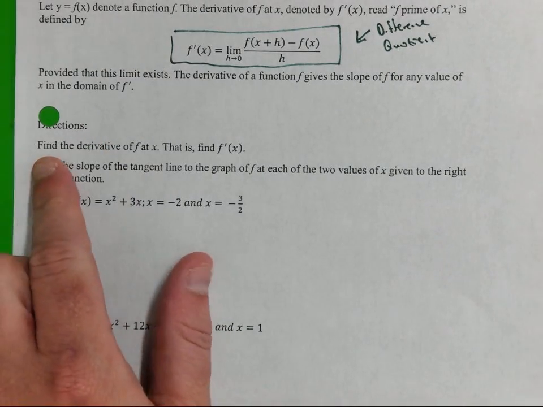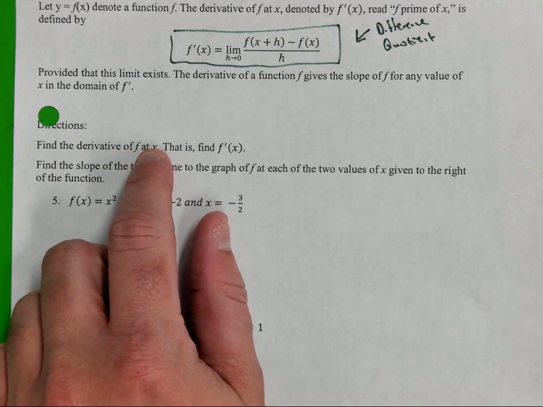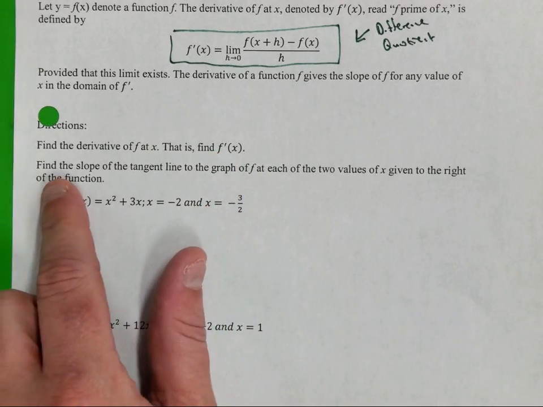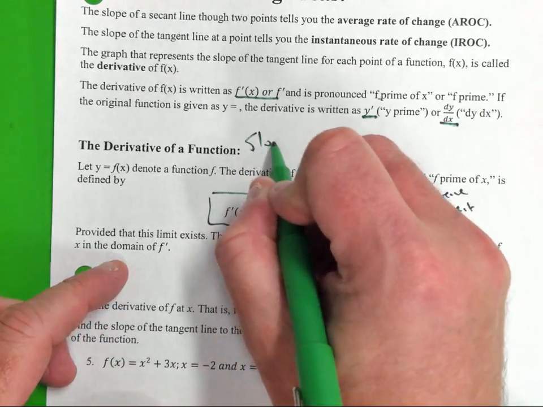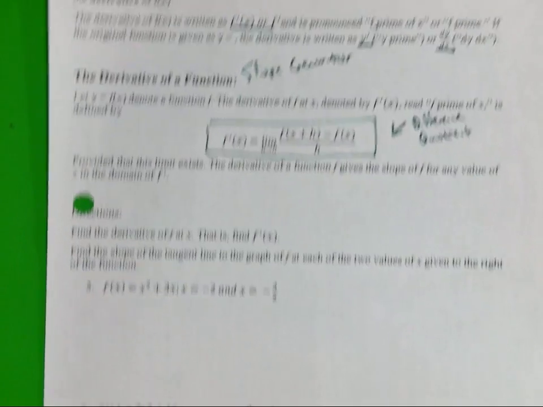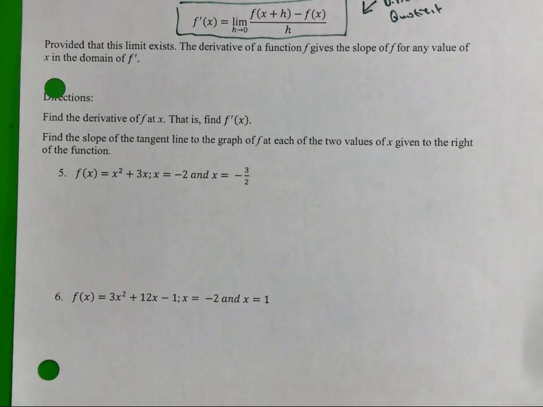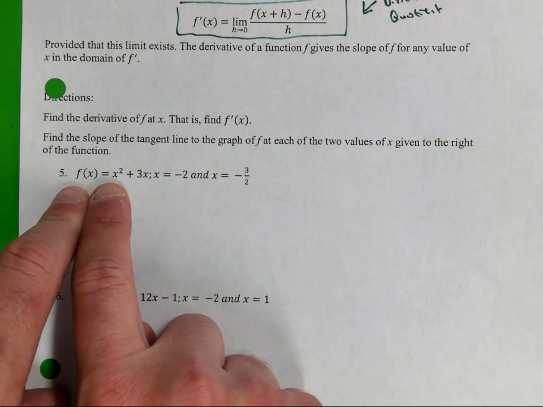Now, directions. It says find the derivative of f at x. That is, find f prime of x. After you find the derivative, also known as the slope generator, find the slope of the tangent line to the graph of f at each of the following two values. So right now, we're going to find the derivative of this.